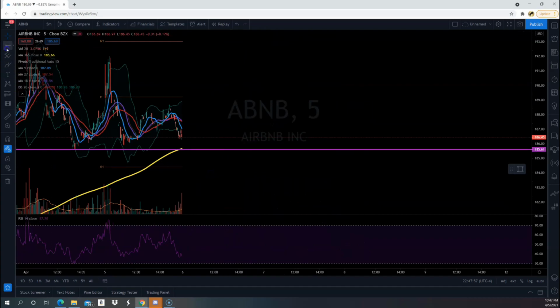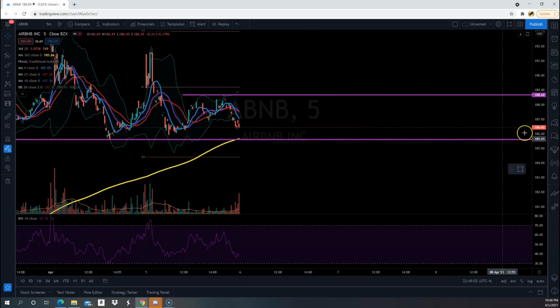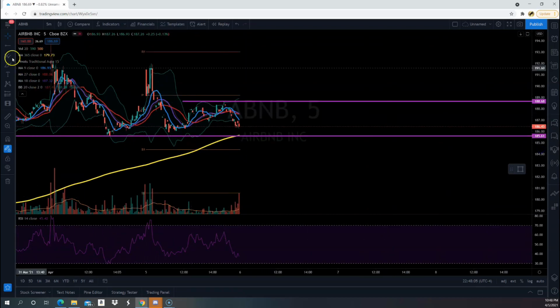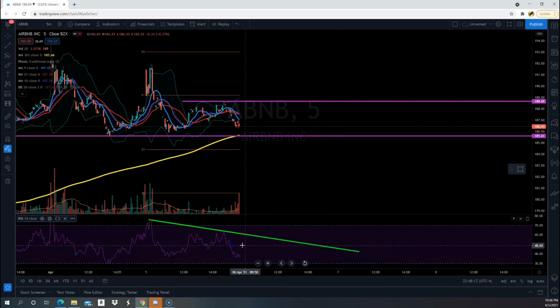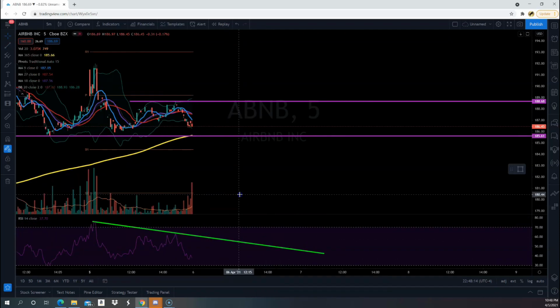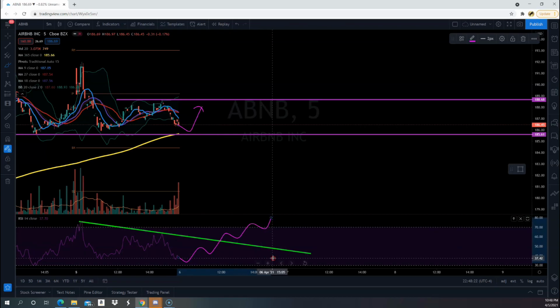So what am I looking for on Airbnb? I'm looking for a bounce at 185.61. It's gonna be the same type of move that we were looking at with TXN, Texas Instruments. So here what we're gonna be looking for is a bounce on Airbnb to the upside, while simultaneously we need this to start creating higher highs and higher lows.